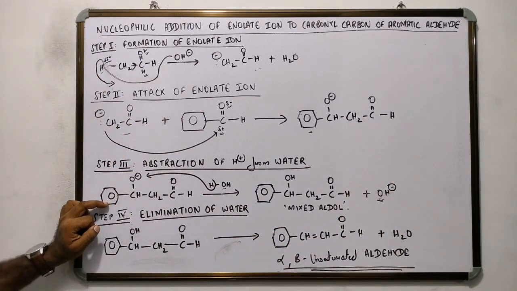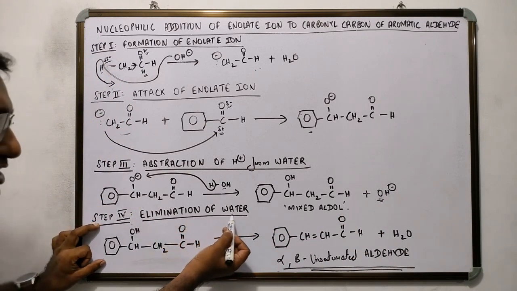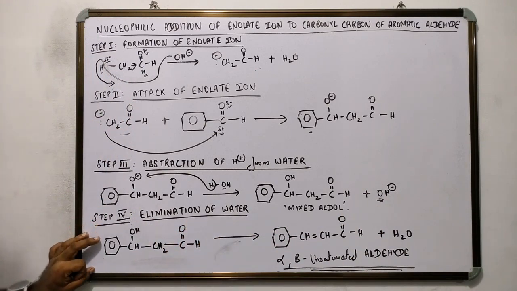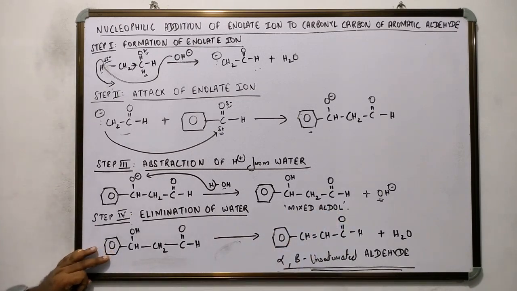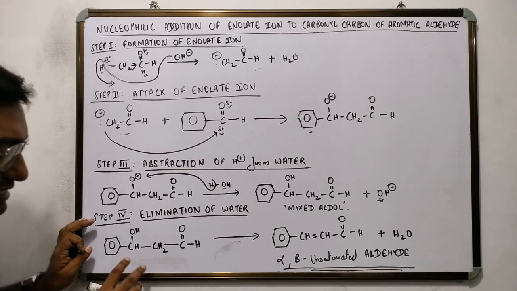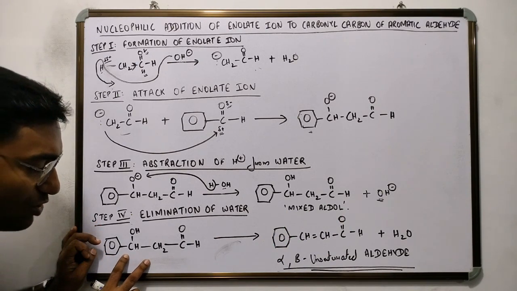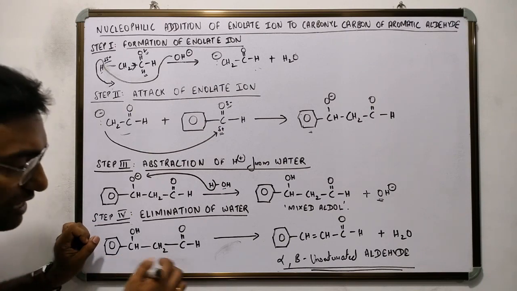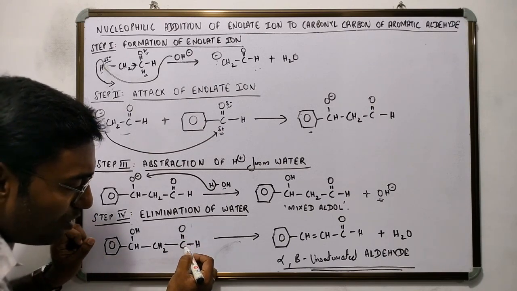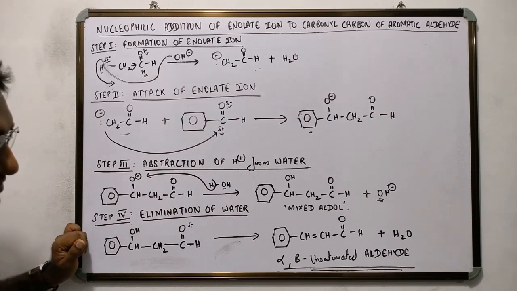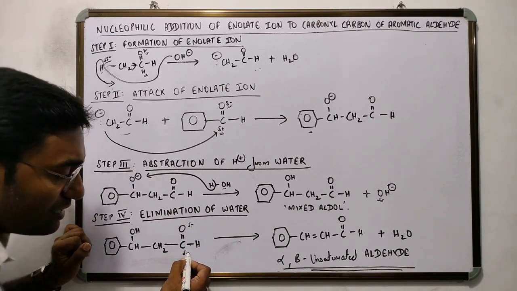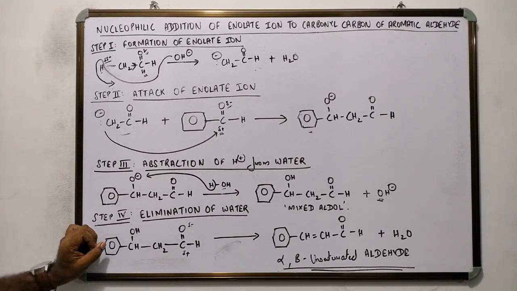Step number 4. Elimination of water. The mixed aldol that is formed is highly unstable. To know why it is unstable, we have to analyze the structure of mixed aldol. The mixed aldol here has a very polar bond, the carbon double bond O. Oxygen is electronegative and therefore it's negatively charged, and carbon is electropositive, it's positively charged.